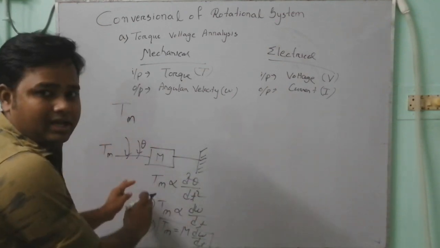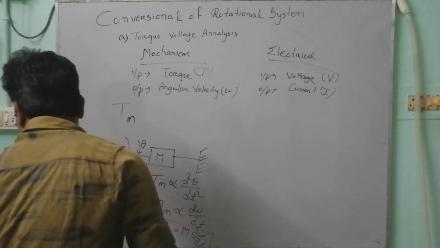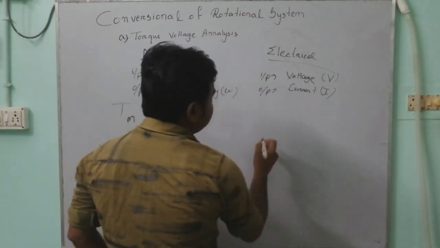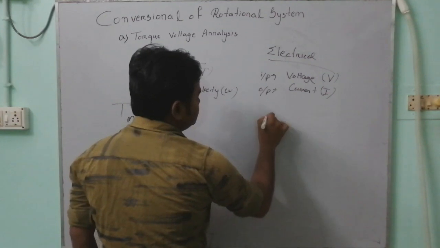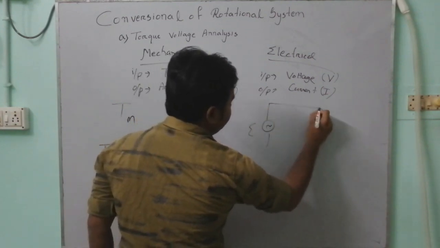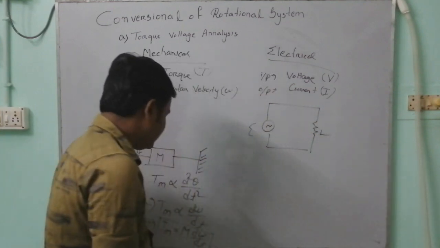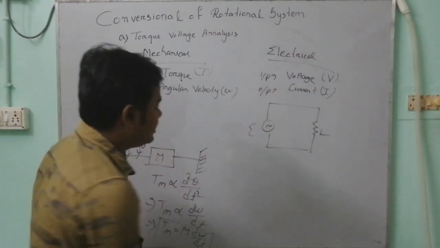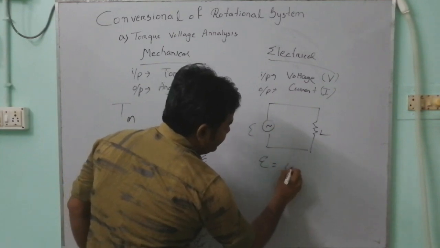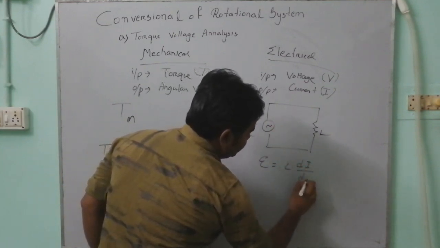If we convert this mechanical model to electrical model, then we can get, here the input is the voltage source. Voltage source E is present and a load is connected. Here the load is inductive type, that is L. So E is equal to L into di by dt.